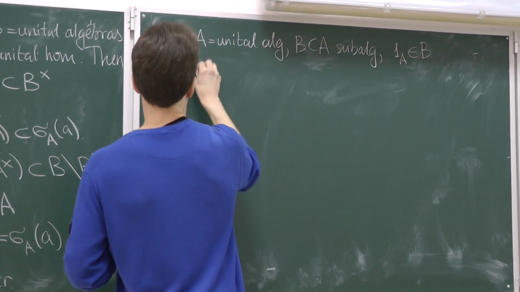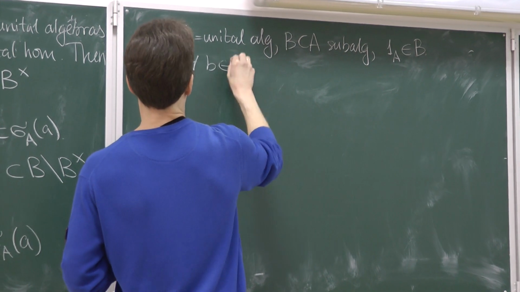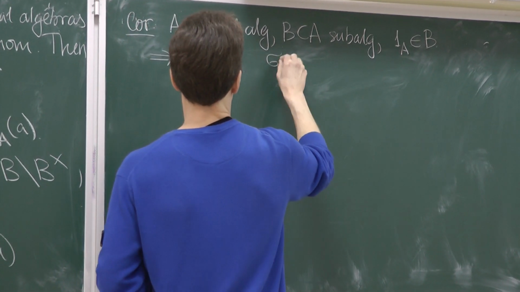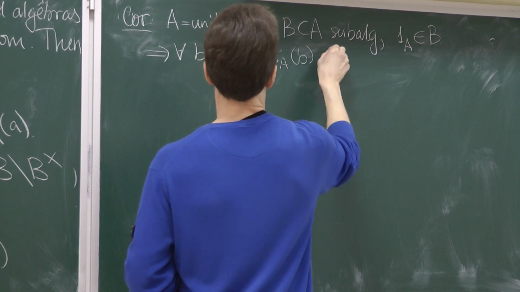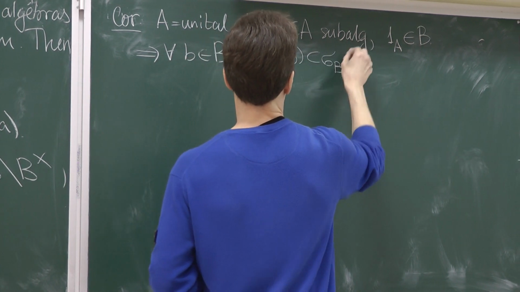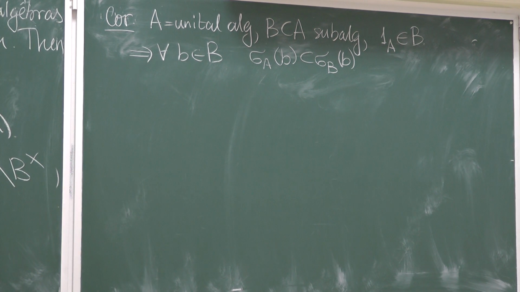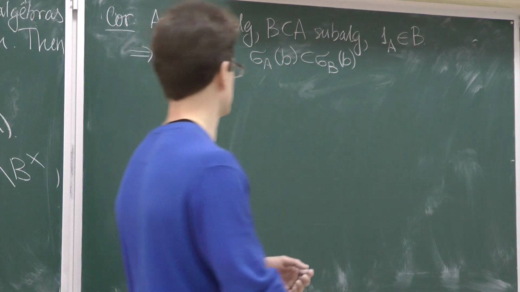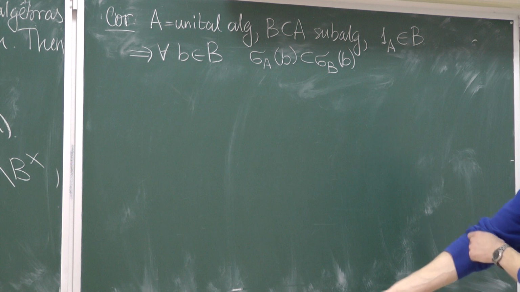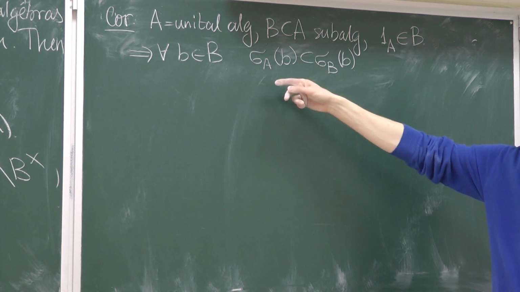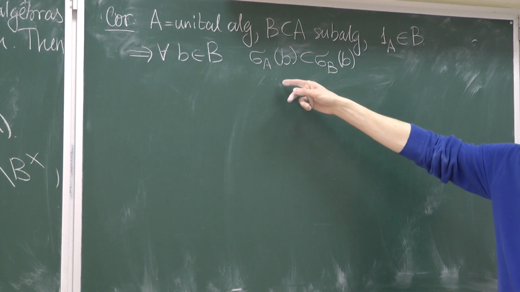Then, for each element little b in the smaller algebra, we have the following inclusion. So the algebra is bigger, the spectrum is smaller. That's the rule.